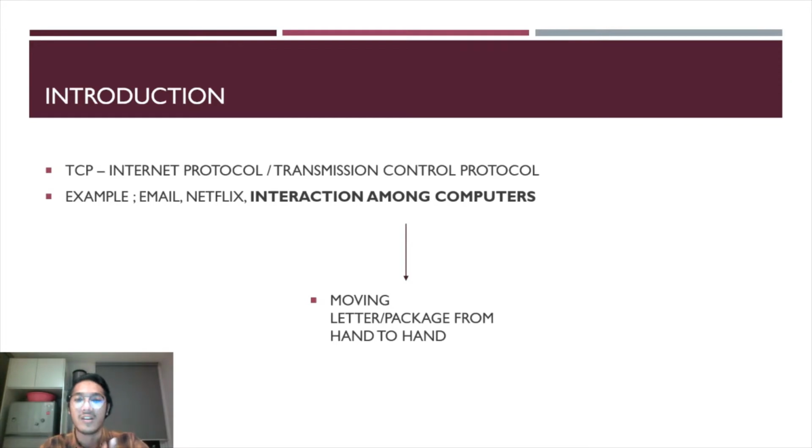Any given interaction can be between two computer systems, or hundreds of systems may be involved, just like moving a letter or a package from hand to hand. Each exchange takes place between only two computers, one and one. The two computers need to know that they are expected to communicate for this to happen.